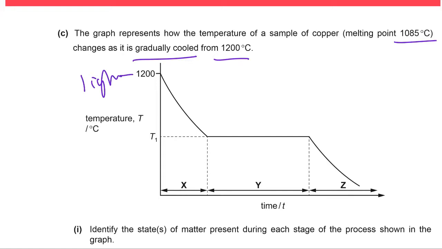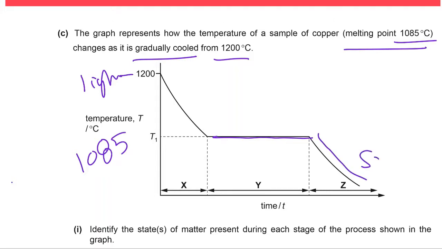Then it decreases, and here it's solidified because here T1 is 1085, the melting point. Then when it's solidified, it's cooled down more, and here it becomes fully solid.